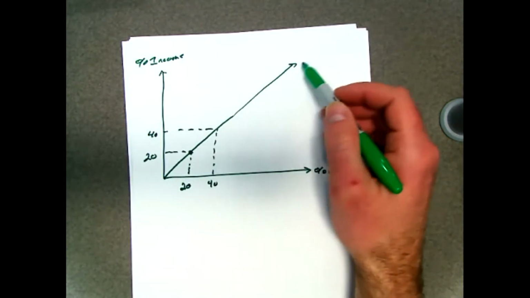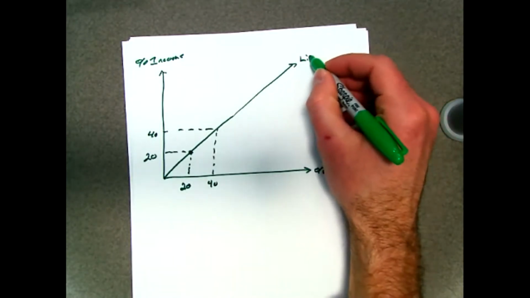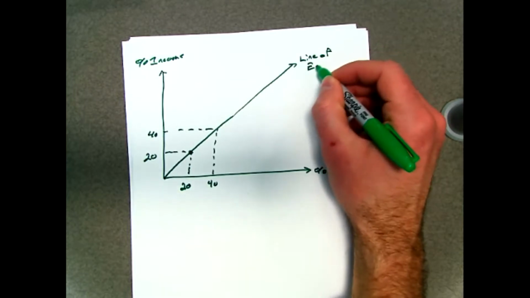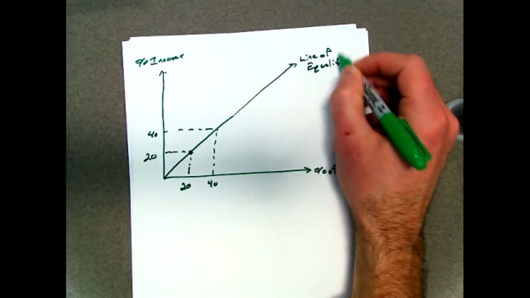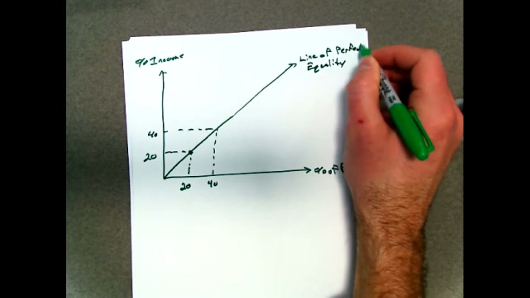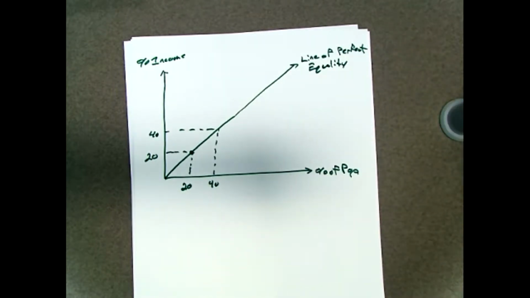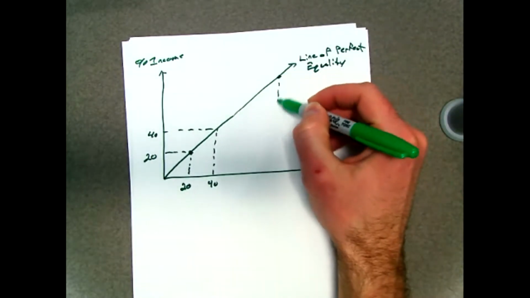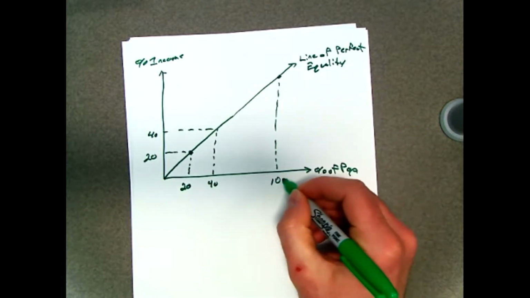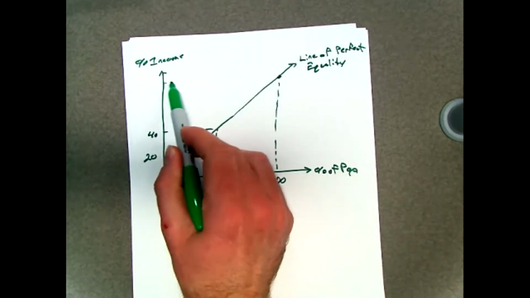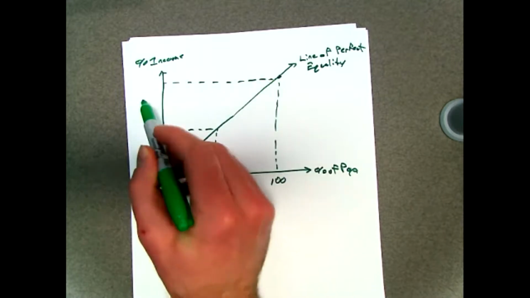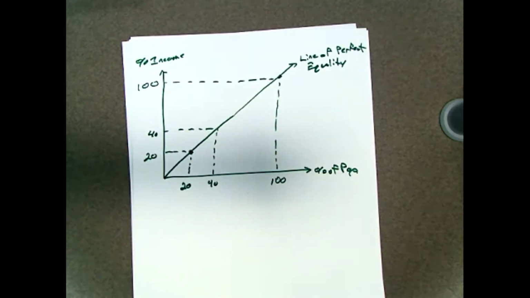So this 45-degree line, I should call this our line of perfect equality. And then it stopped up here at, if I'm looking at 100% of the population, what percent of the wealth does 100% of the population own? Well, 100%, right? I've looked at everybody.